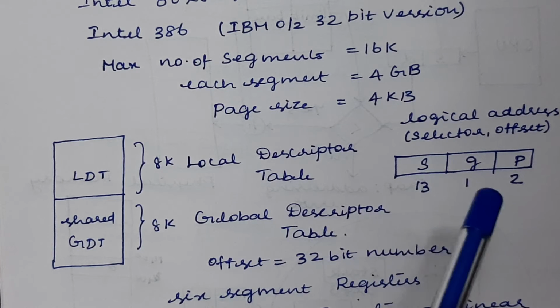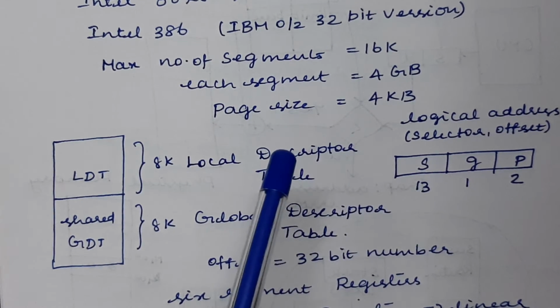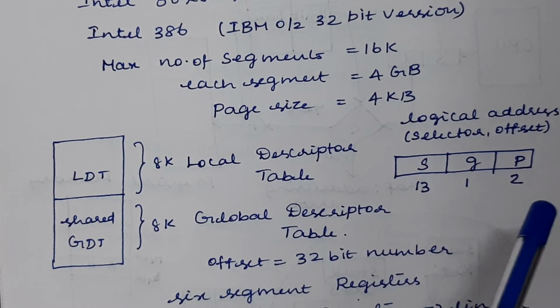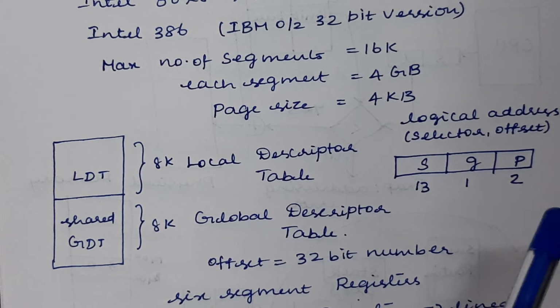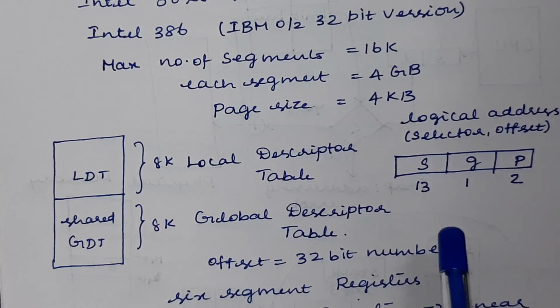G is the descriptor information, whether it belongs to the LDT, the local descriptor table, or the GDT, the global descriptor table, followed by P, which is the protection.